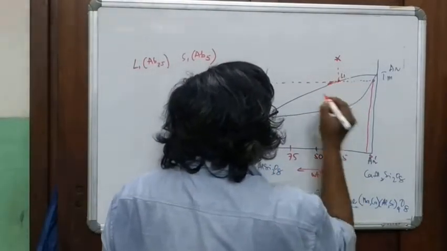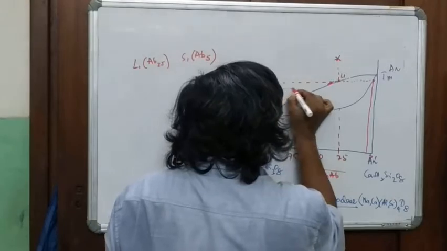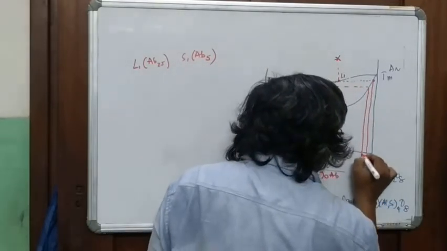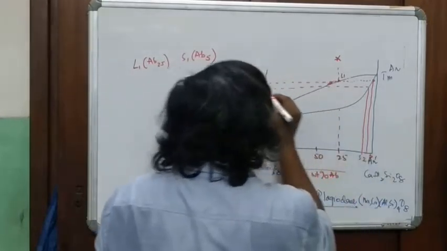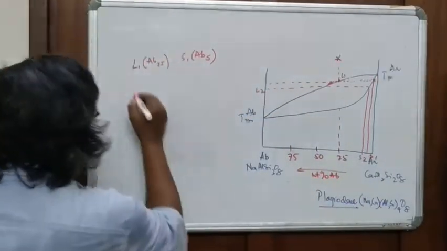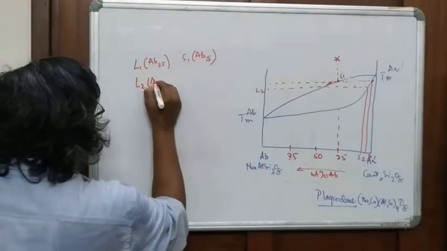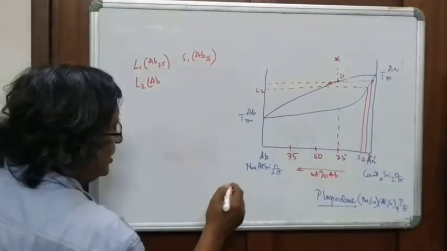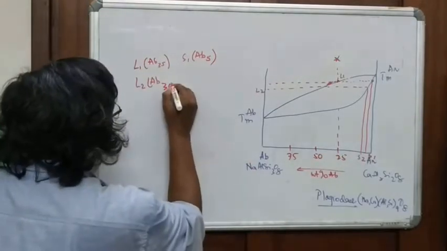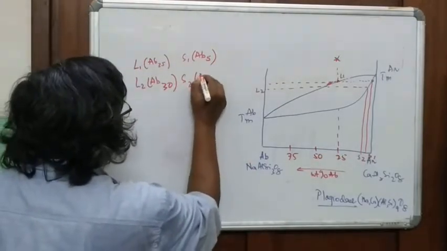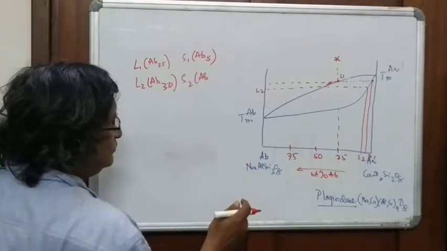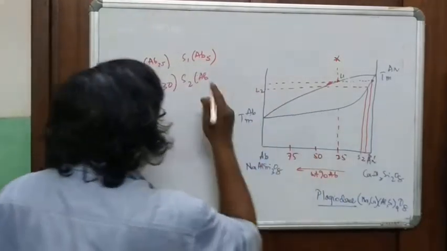This melt changes into a different composition, T2, and here you have S2. And this is L2. So L2 would be somewhere around albite, say 30, and S2 will be albite, roughly say 10.